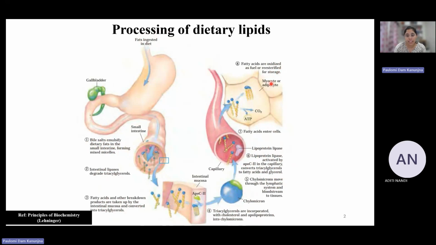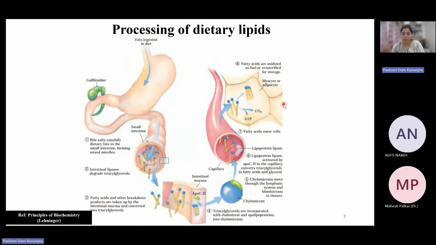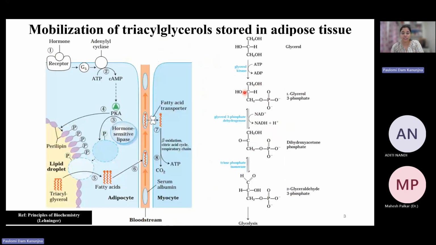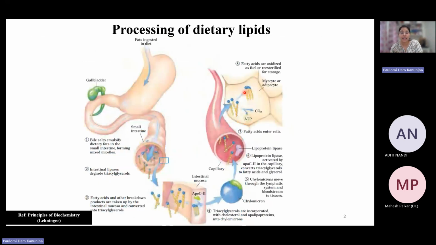It can be adipocyte for storage, or it can be liver where it can be oxidized or utilized. So you have these different outcomes, but the food that we ingest has all these different steps going on till it finally becomes fatty acids, which can enter the cell for further oxidation, right?